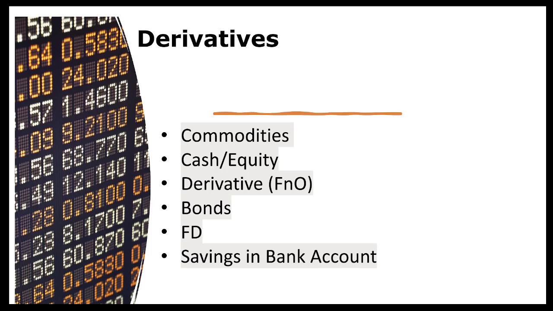Suppose in your account you have 10 lakh rupees. Example of derivatives: you have 10 lakh rupees. Now what happened? You just see 10 lakh in numbers. So what is happening there? You have 10 lakh in physical as well. If you go to the bank, you can take 10 lakh rupees cash if you want.